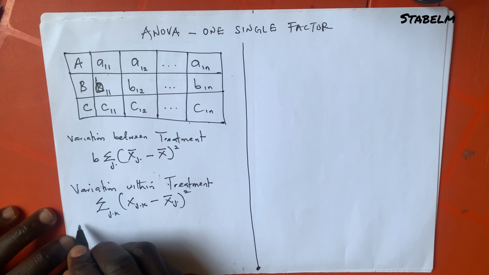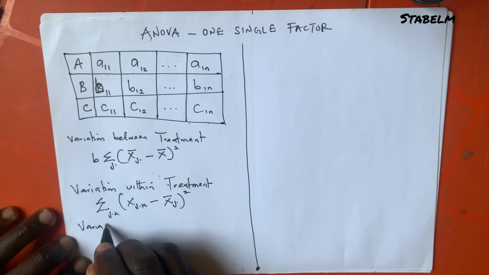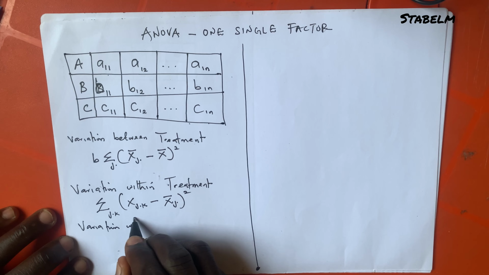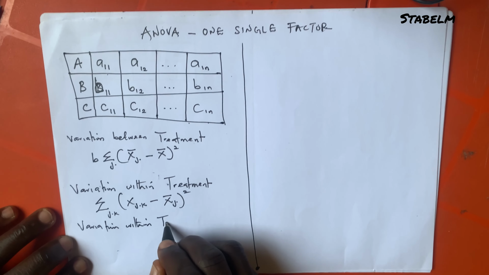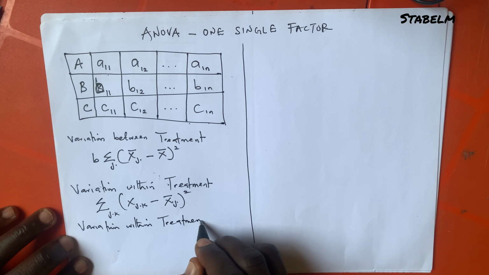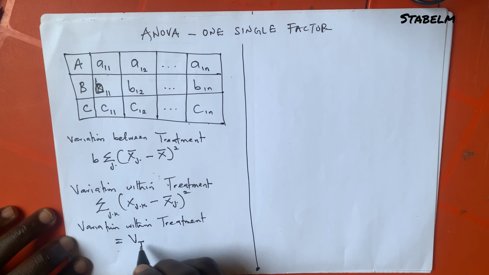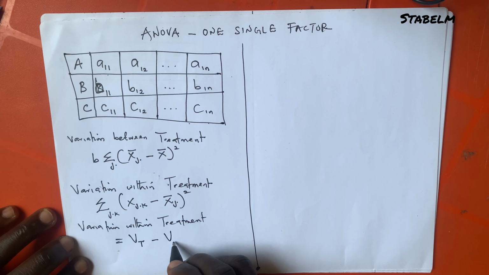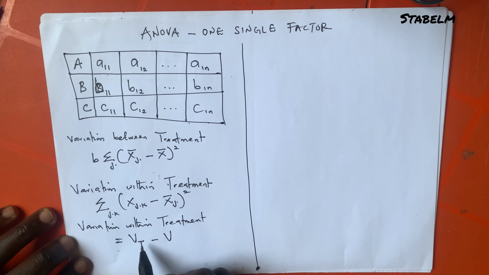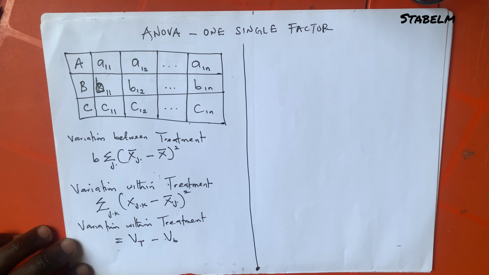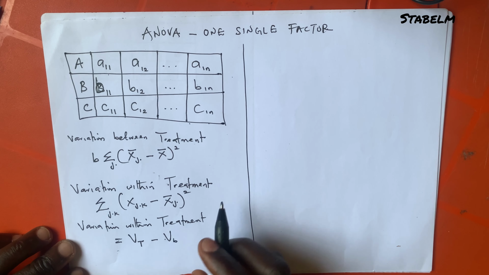Alternatively, we can say variation within treatment is equal to, let me put it this way, total variation minus variation between treatment. Yeah, we can say total variation minus variation between treatment.